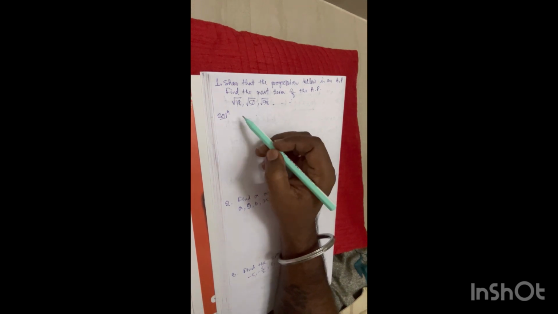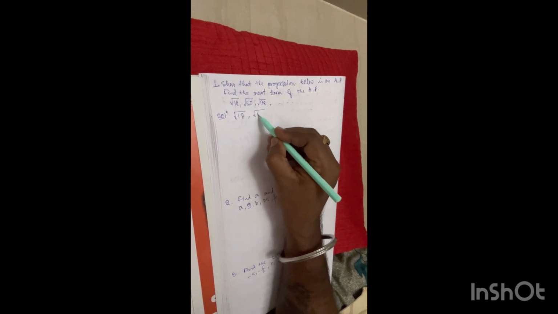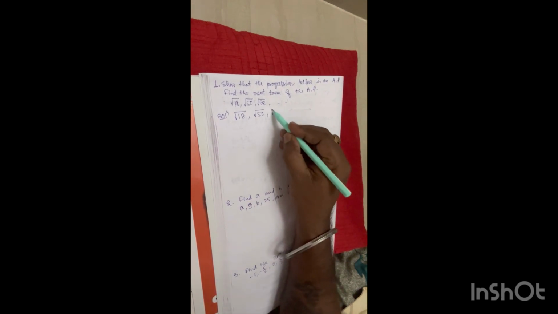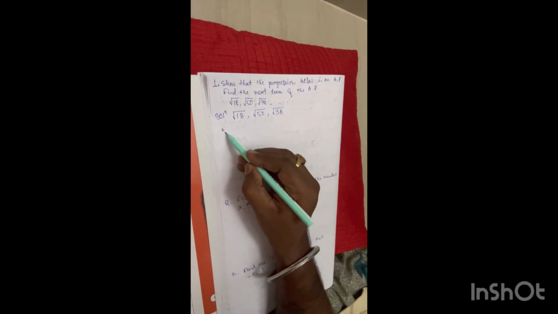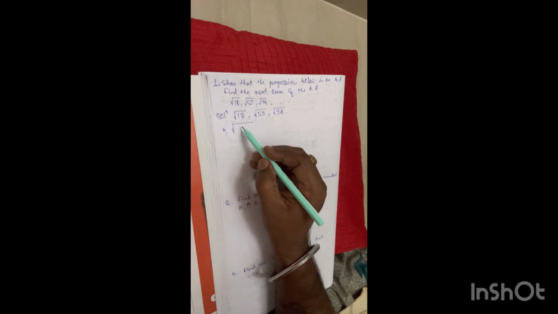If I write it like that, 3 consecutive terms, now we will simplify it. For simplification, you have to write all the prime factors by which the number can be established.